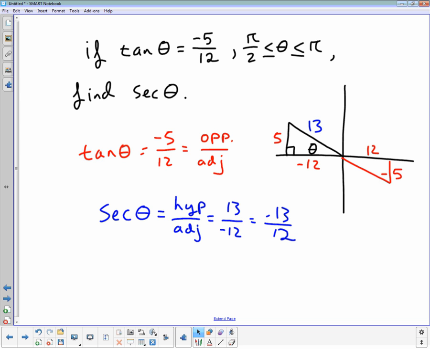Right? And if you confirmed it with the calculator, you should get 1 and 1/12. Okay? 1.083 bar, right? Okay, great.